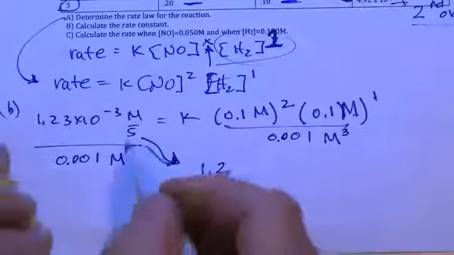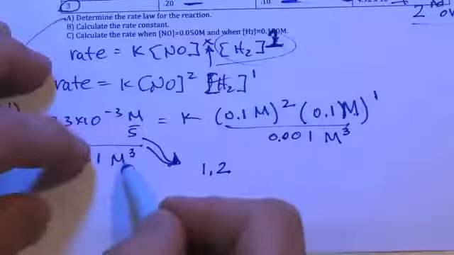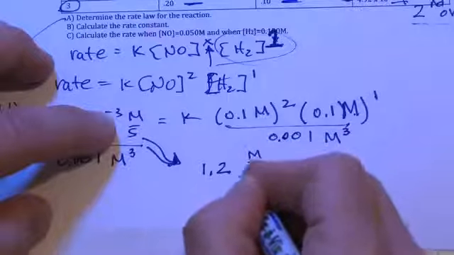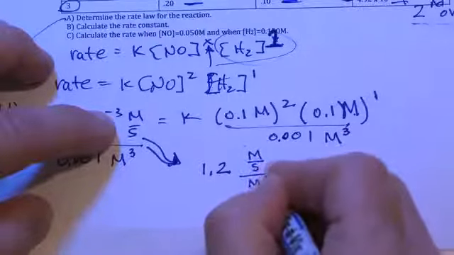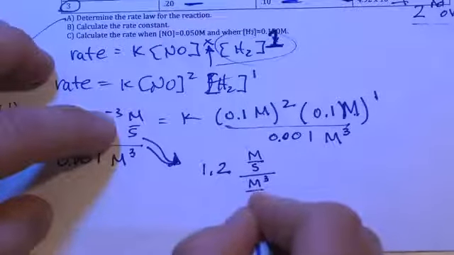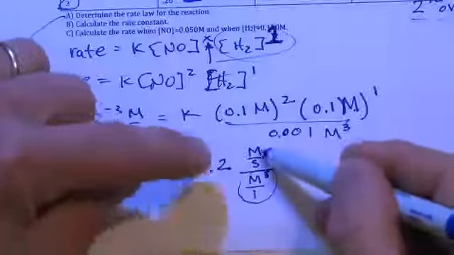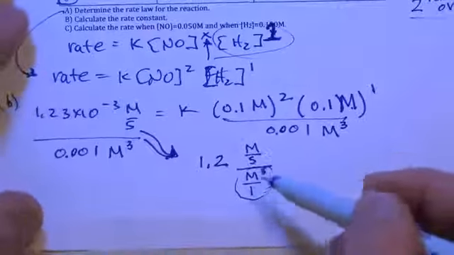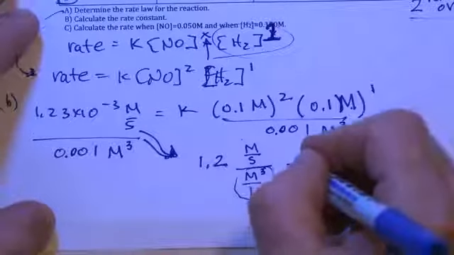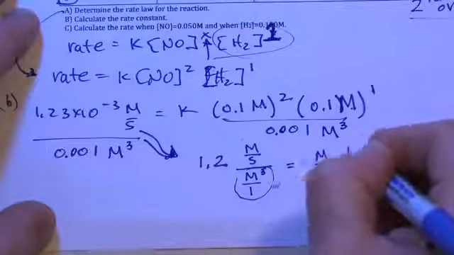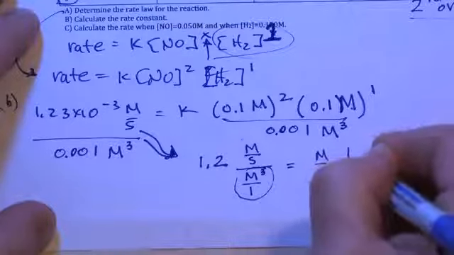And my units, this is kind of the fun part right now. Remember, this is a complex fraction with molarity per second per molarity to the third power. I can take this one and write it over 1, and then what I do is invert this and multiply. Invert and multiply means that I'll have molarity per second times 1 over molarity cubed.